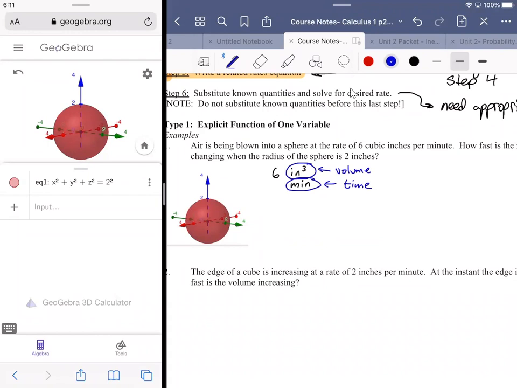Now this rate that they're telling us, they're not indicating that this is happening over an interval. They're saying that this is the rate of change at any moment in time. So what they're implying here is that this is an instantaneous rate at any moment in time.